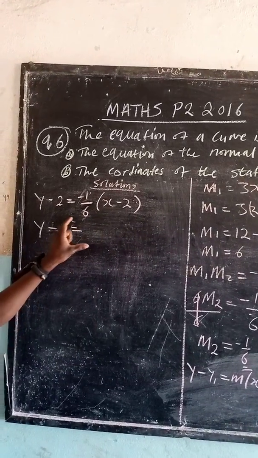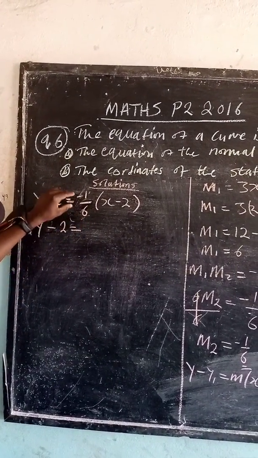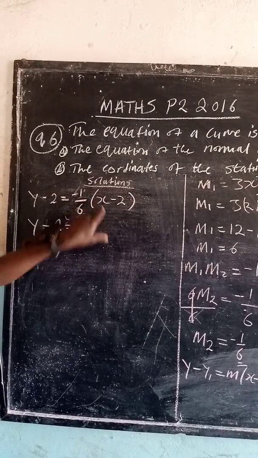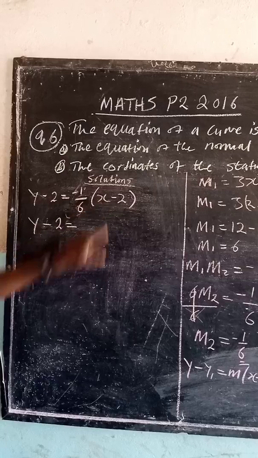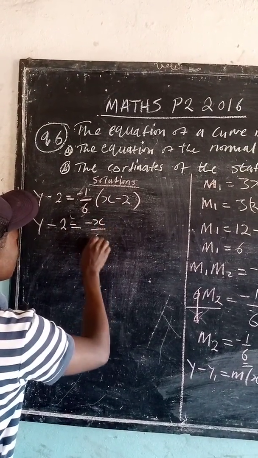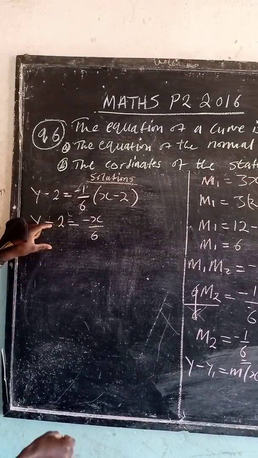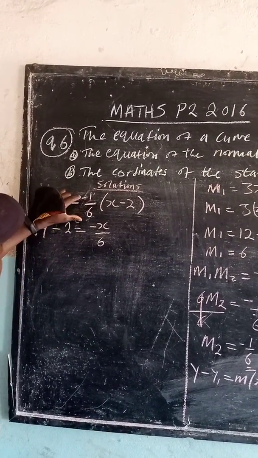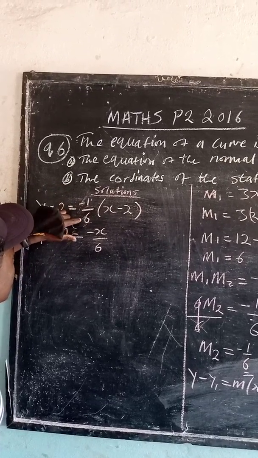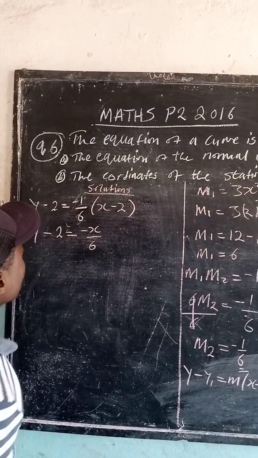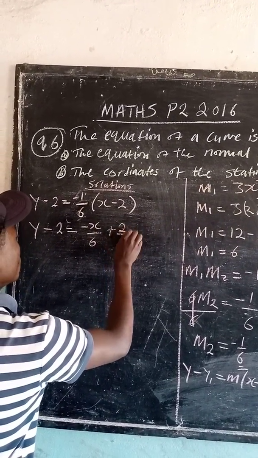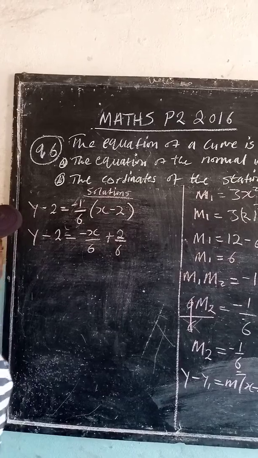Here we can now multiply -1 divided by 6 times x, which is -x over 6. And then again we say -1 divided by 6 multiplied by 2. We're going to have -2 over 6.